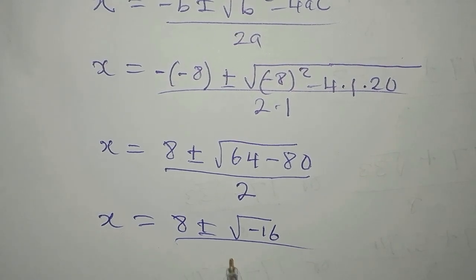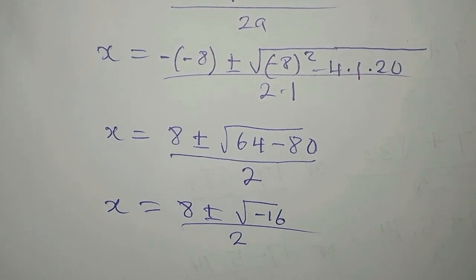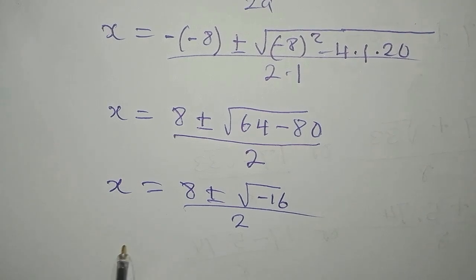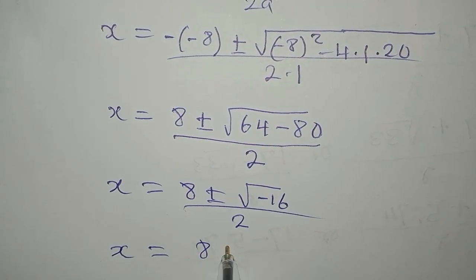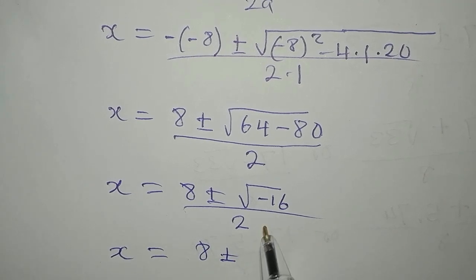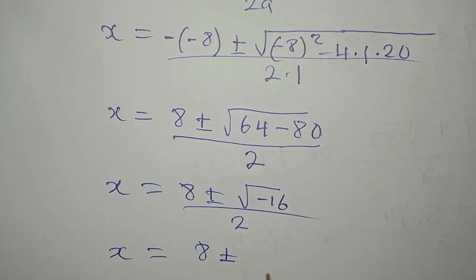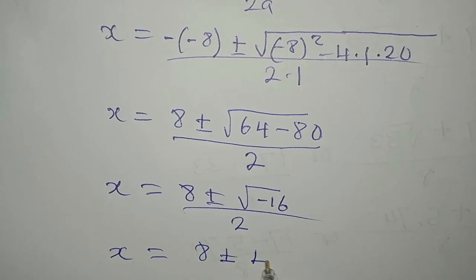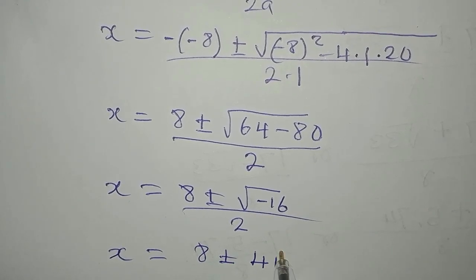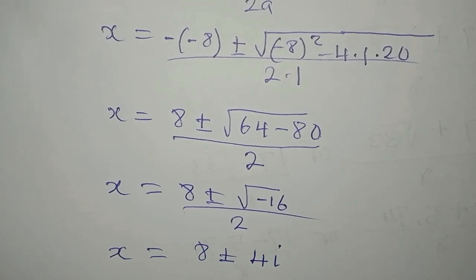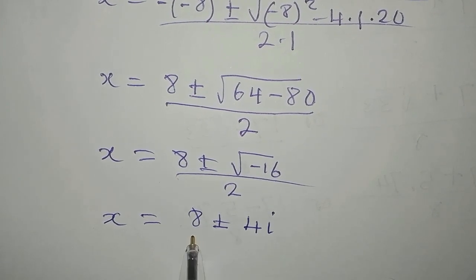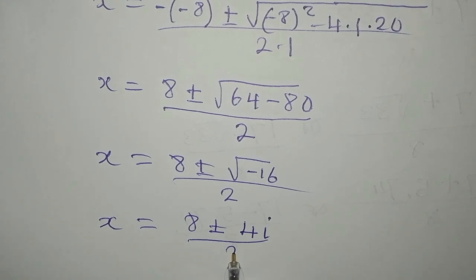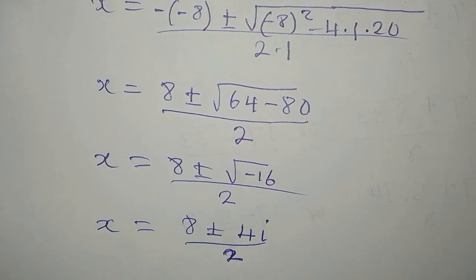Then we divide that by 2. Now the square root of negative 16 will give us 4i, so we write 4 with the imaginary constant because of the negative. And we divide this by 2.